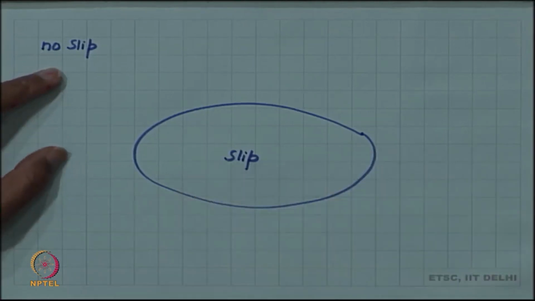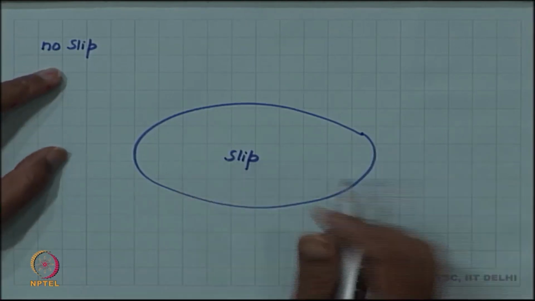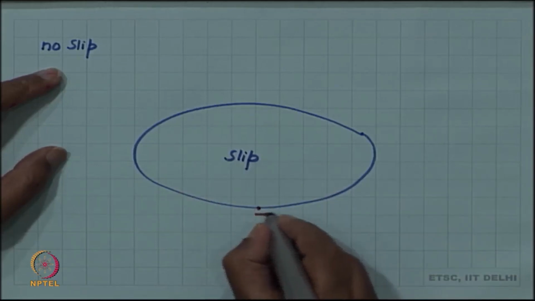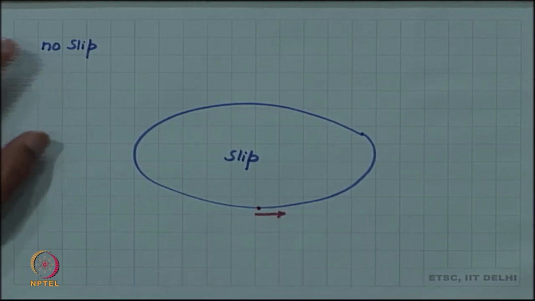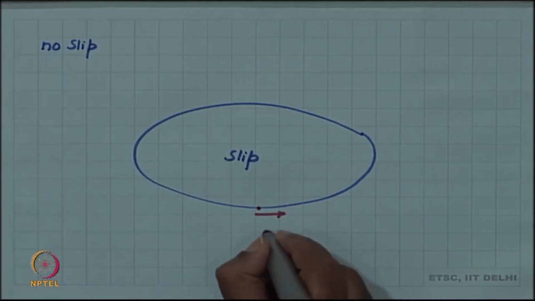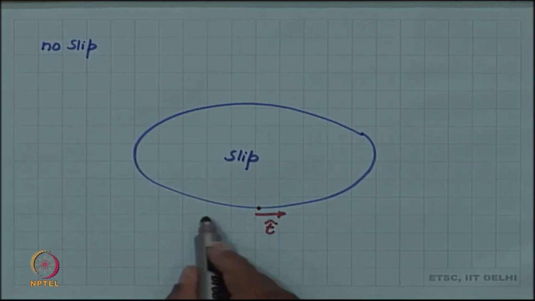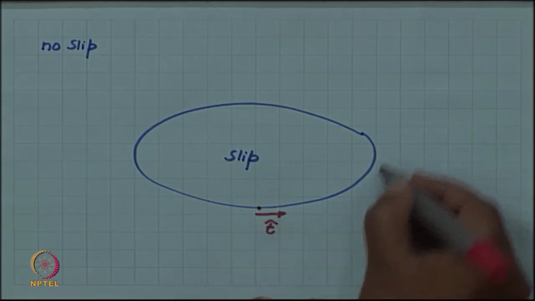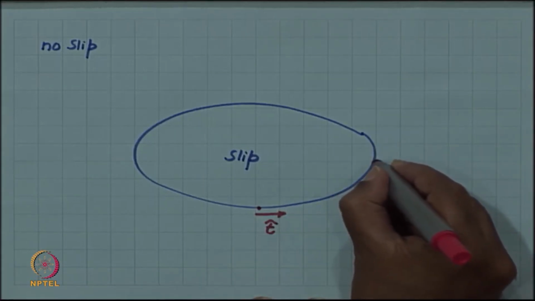Now, according to our definition of the tangent vector, if I take at any given point a tangent vector, here I had a choice. I am marking the tangent vector pointing to the right, but I could have marked a tangent vector pointing to the left also. So, initially I had a choice here, but once I have made this choice, as I told you, you should be consistent at other points.